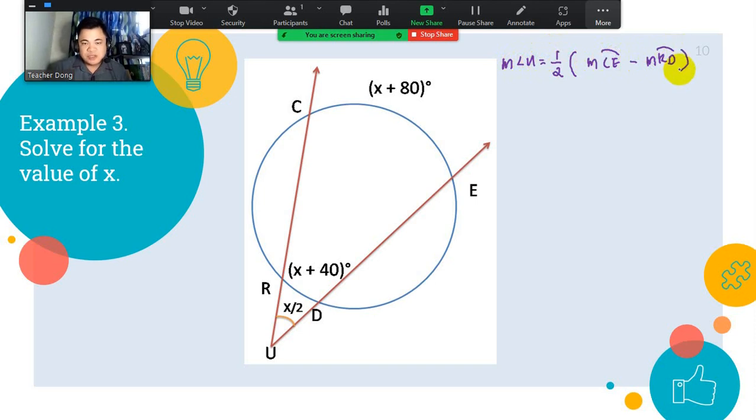And then we will substitute now the values. Measurement of angle U is x over 2 equals 1/2 quantity the measurement of the far arc, which is x plus 80 degrees, minus the measurement of the near arc, which is x plus 40 degrees. Then we will simplify, and since we have denominators on both sides, we will remove them by multiplying by 2.